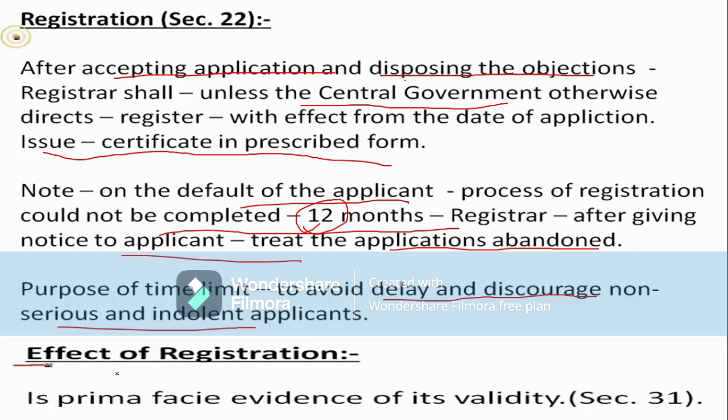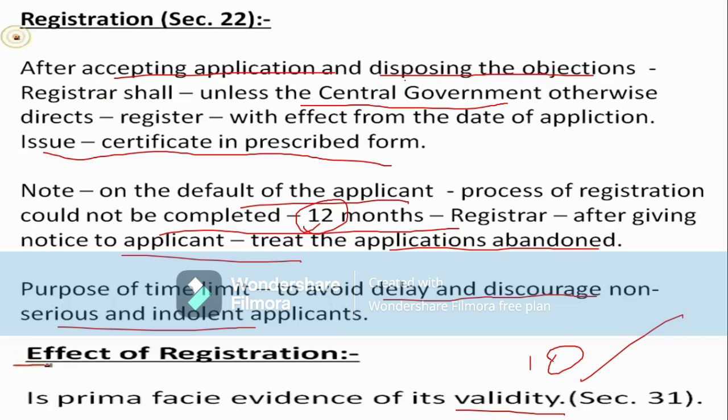What is the effect of registration, what is the benefit of registration? It gives validity according to Section 31. After registering our trademark, the trademark will have validity for 10 years. Why do we have to register?